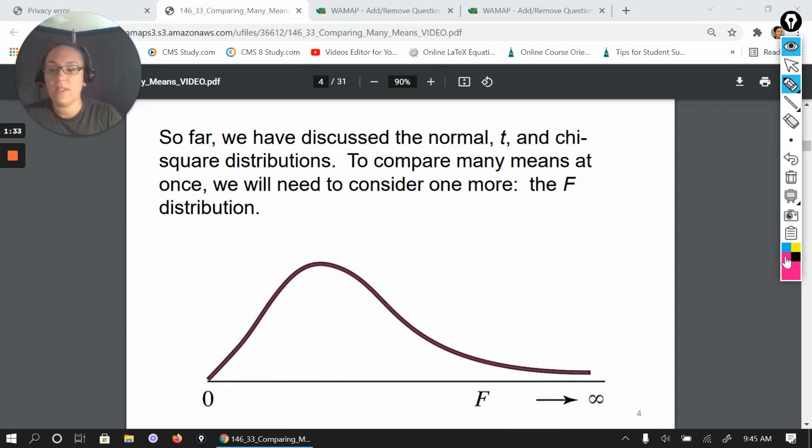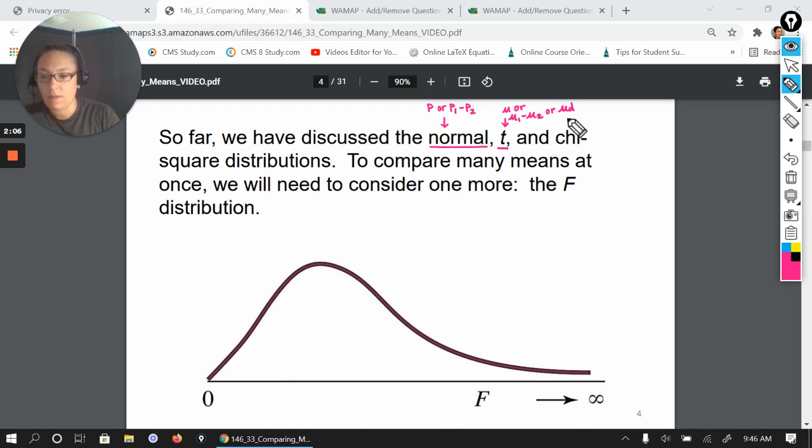So far, we have discussed the normal. So I'm going to remind us that the normal uses p or difference of proportions for our class. We've been using the normal distribution for proportions or difference of proportions. We've been using the t distribution for means or difference of means or the mean of the differences.